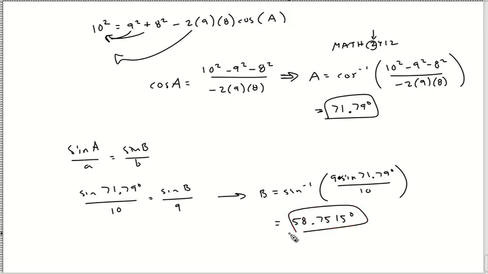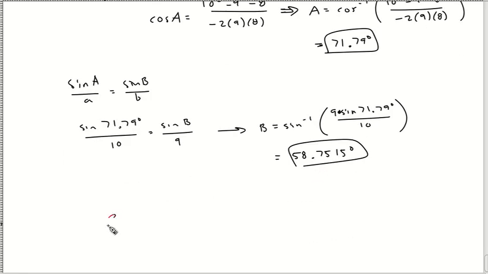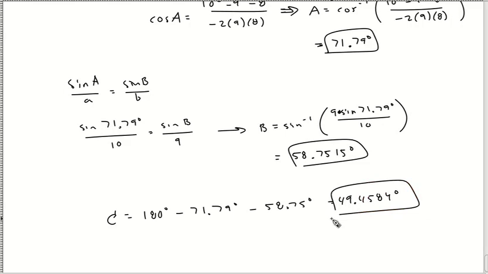To find my C, I'm just going to do the 180 rule, with less rounded answers. And I got 49.4584. Whew, did it.